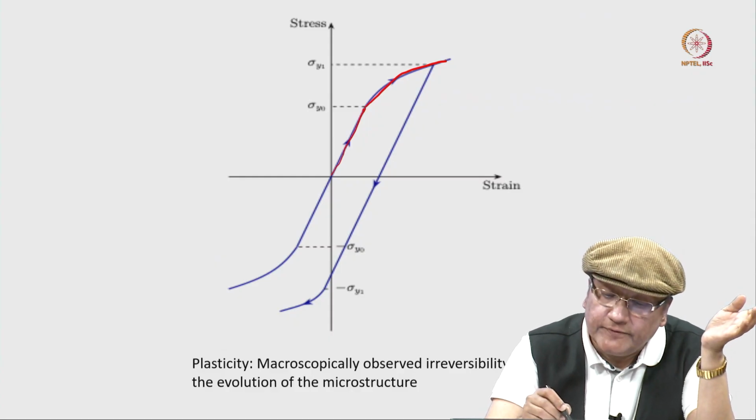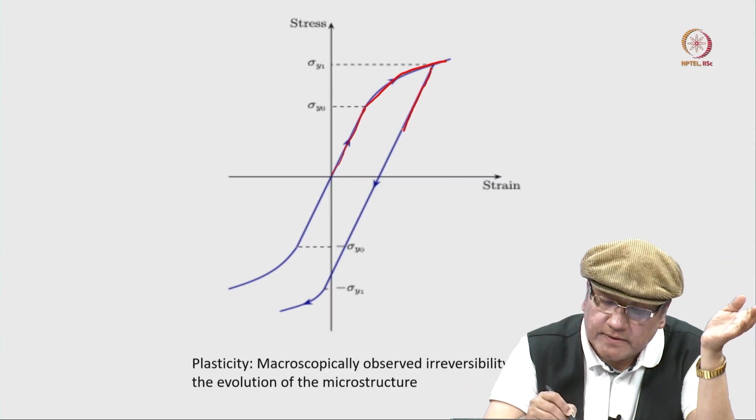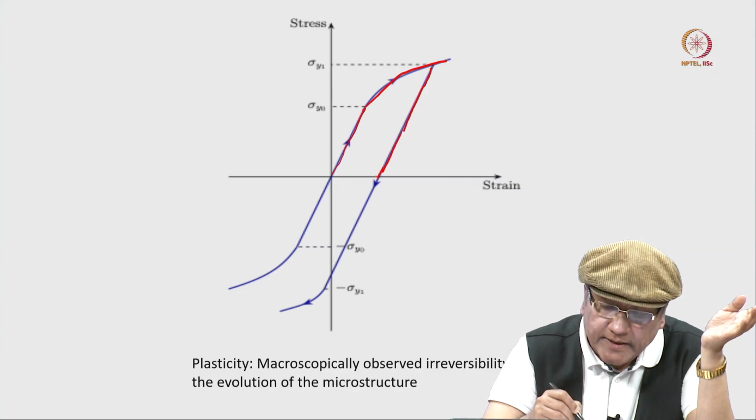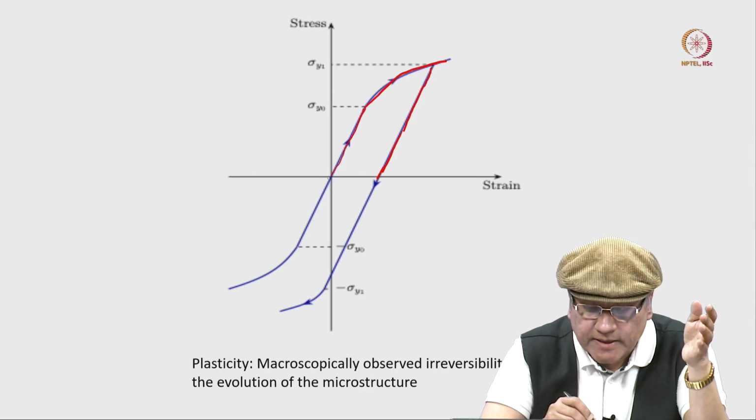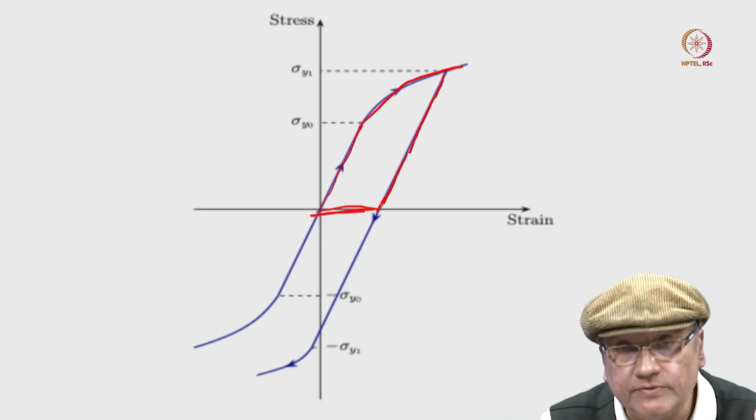And then if you start unloading from here, you will get an elastic response, but you will never recover the full strain; the plastic strain will still be there in this region.